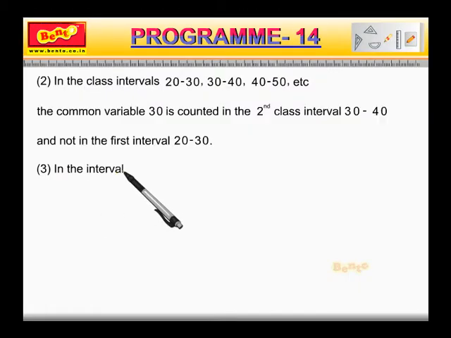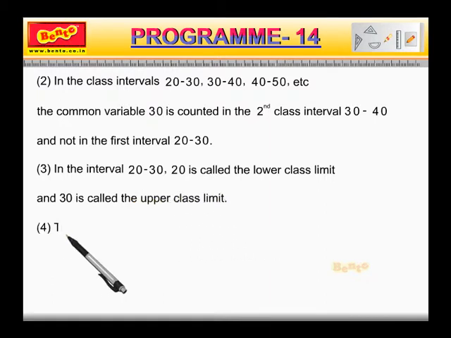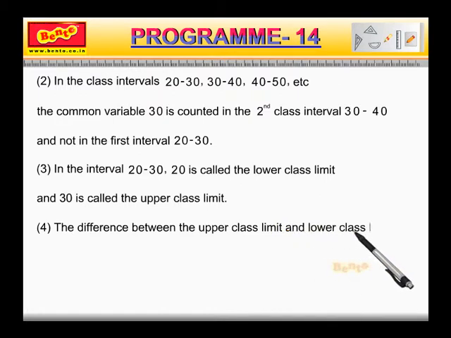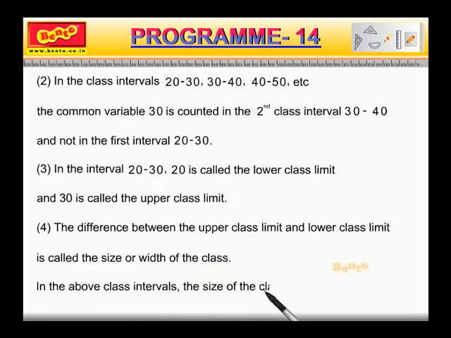In the interval 20 to 30, 20 is called the lower class limit and 30 is called the upper class limit. The difference between the upper class limit and lower class limit is called the size or width of the class. In the above class intervals, the size of the class is equal to 30 minus 20, which is equal to 10.